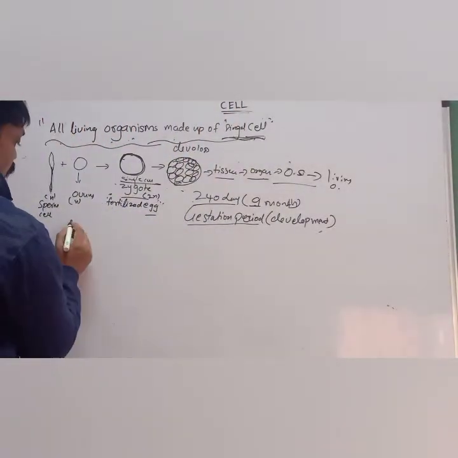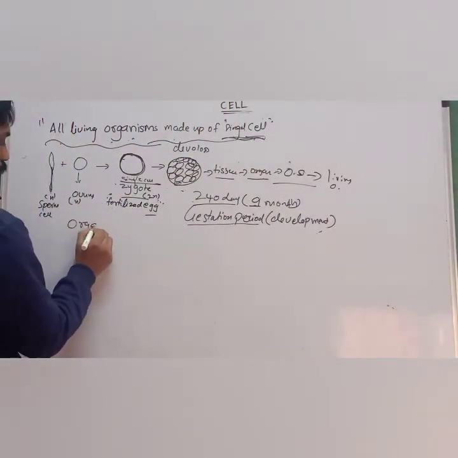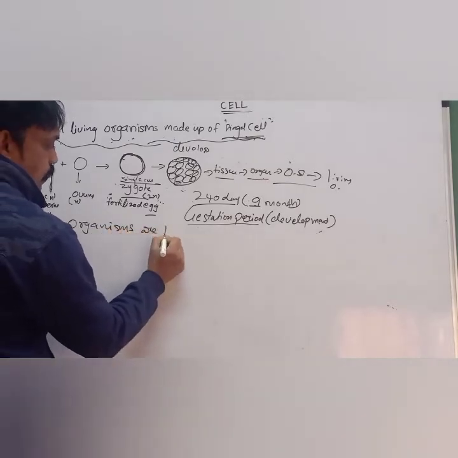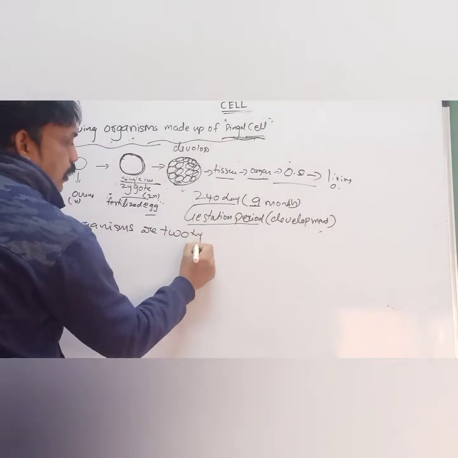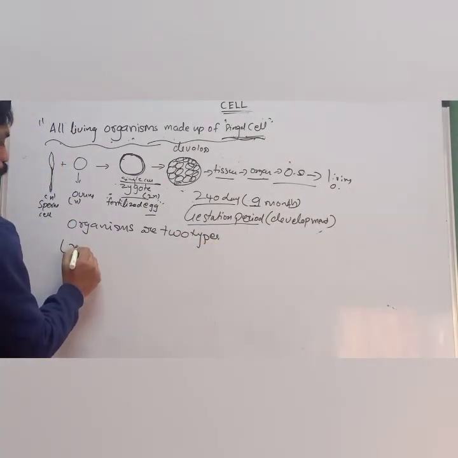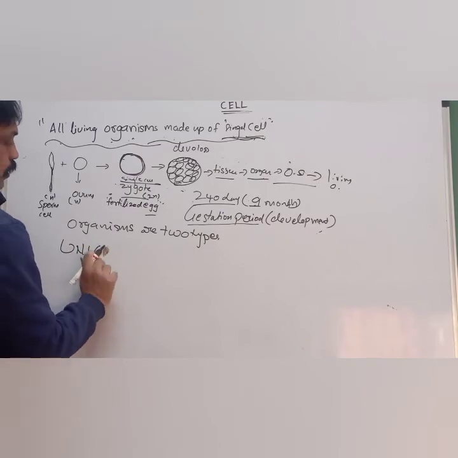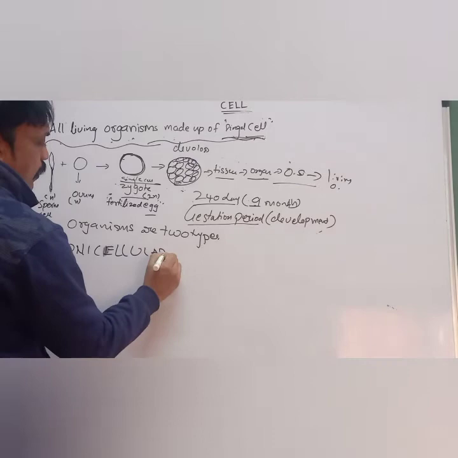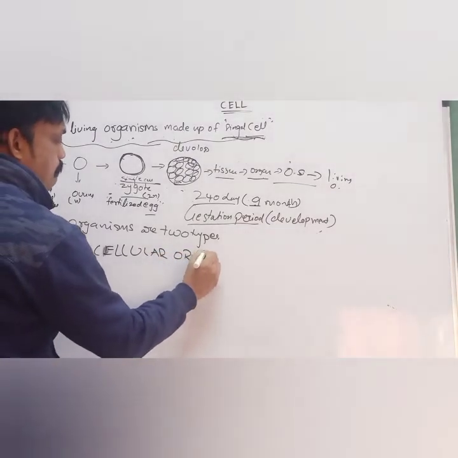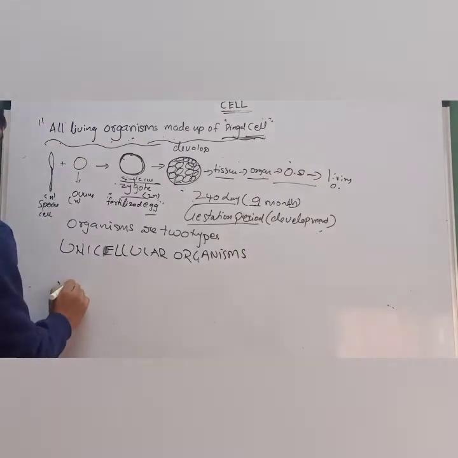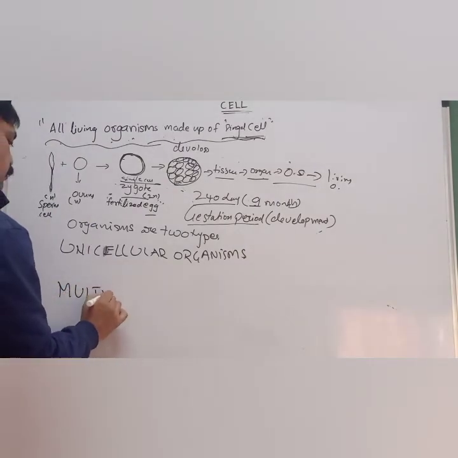In that, organisms are of two types. Some are unicellular organisms, and some are multicellular organisms.